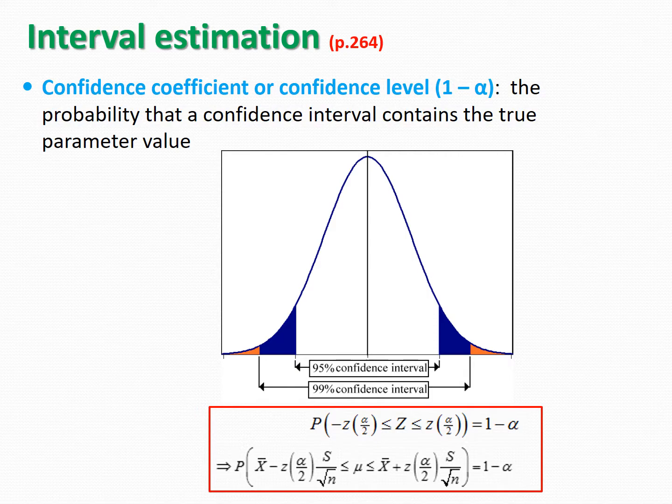The confidence interval's lower limit is given by the sample mean minus the number of standard deviations from the mean times the standard error of the mean, and the upper limit is given by the sample mean plus the number of standard deviations from the mean times the standard error of the mean.